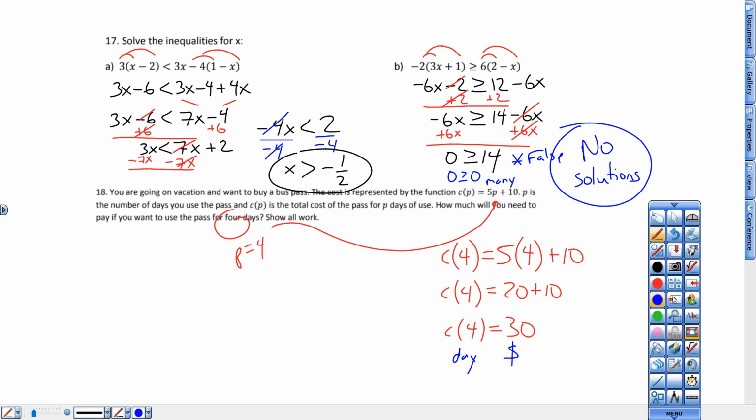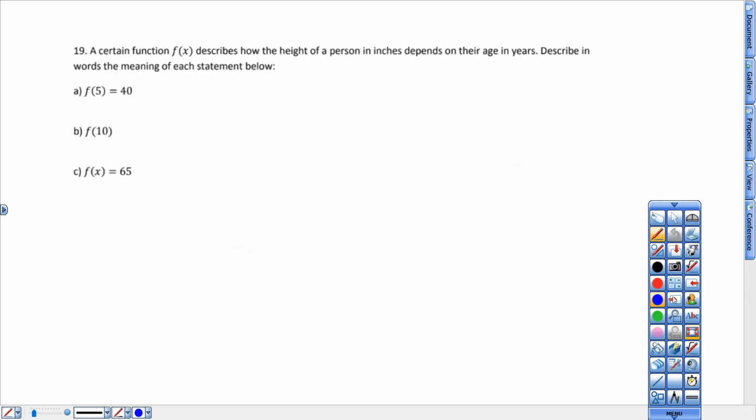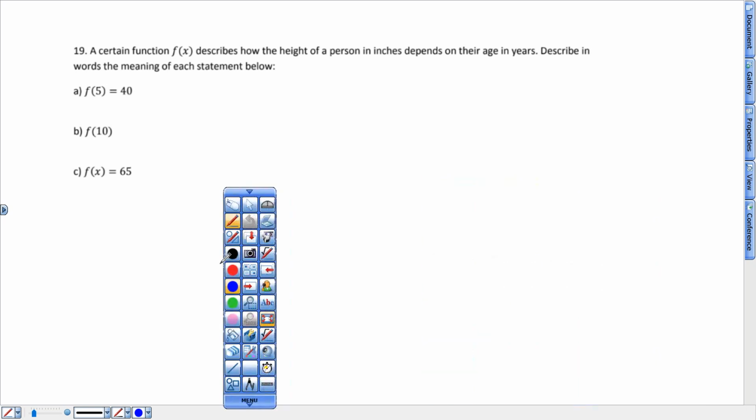All right, moving on. 19, this one says describe in words. So I got f of x. Just remember, anything like this, f of x and a number, this is your x spot, this is your y number right there. This one is telling me f of x describes a person's height in inches depending on their years. So it looks like I'm plugging in 5 years.